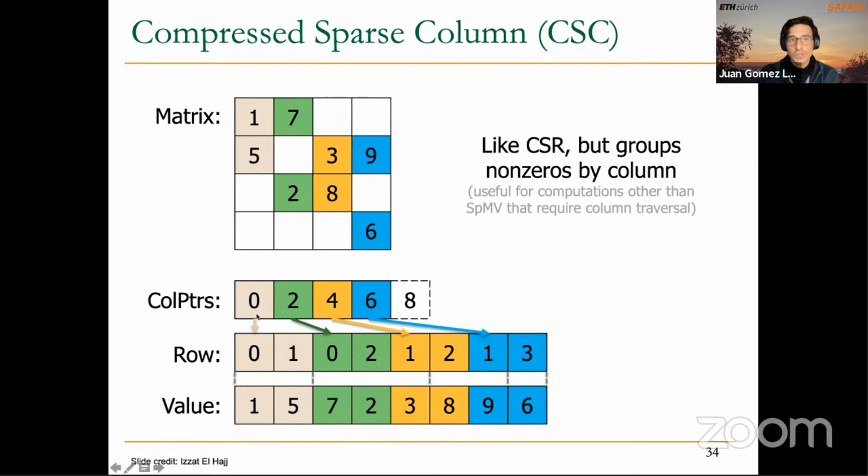So that's why we have these column pointers, and we store the values and the row where each value is stored. This essentially has very similar trade-offs, but depending on the algorithm, depending on the way that we want to go through the data elements, we may prefer this CSC format.